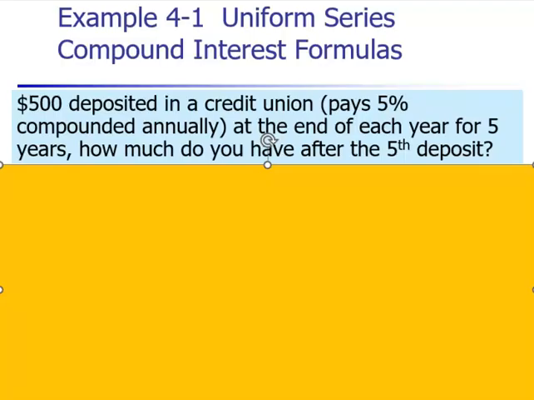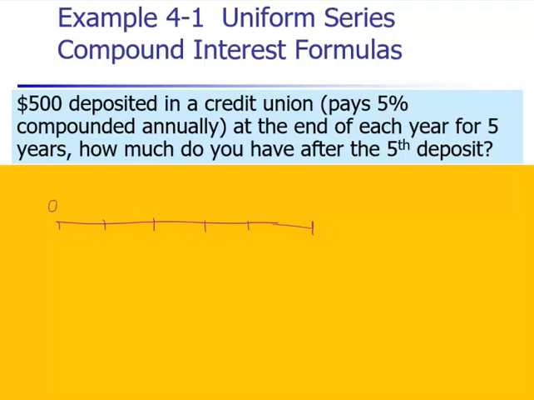So here it says that $500 deposited in a credit union pays 5% compounded annually at the end of each year for 5 years. So it is talking about what, my friends? It is talking about payments, because it says that it happens every year at the end of the year.